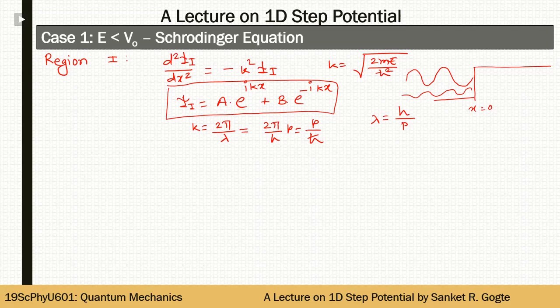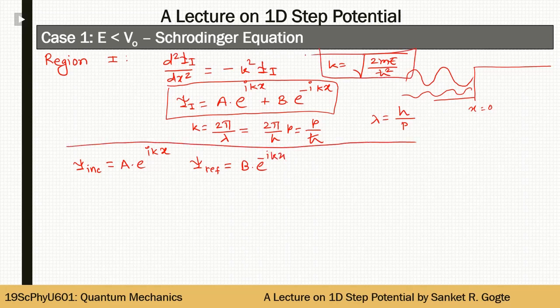The first term A into e to the power ikx corresponds to the incident wave, and therefore I will write it as psi incident, and the second term represents the reflected particle, and therefore I can write it as psi reflected, which is B into e to the power minus ikx. Remember, k is given here. So this is the solution in the first region.